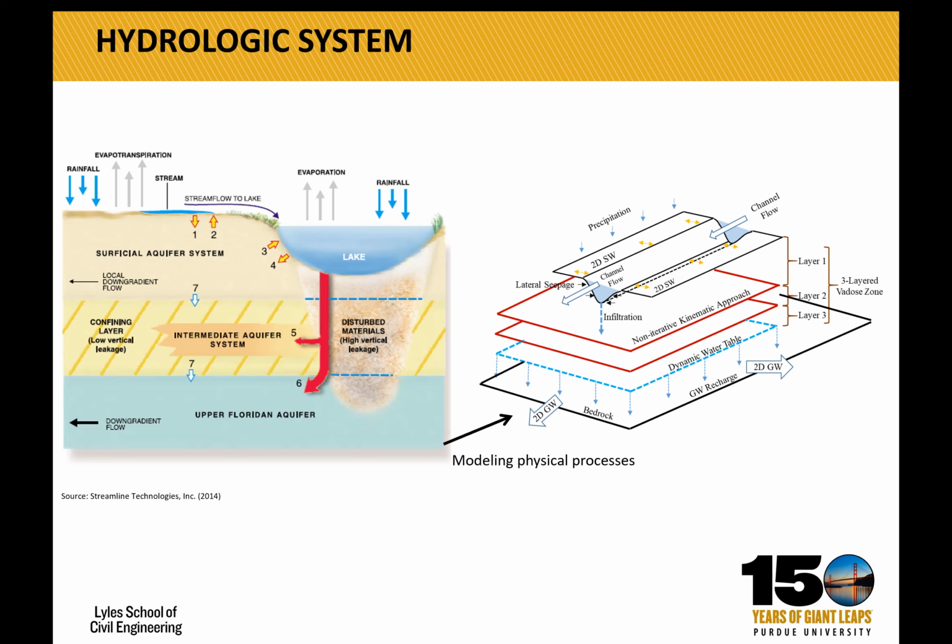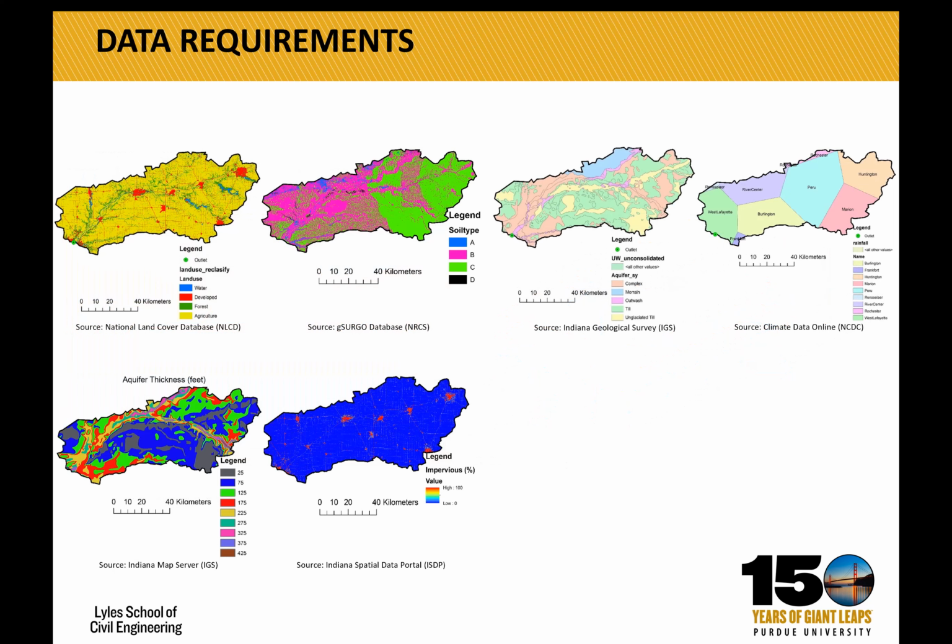So depending on our problem and what we are trying to do, we may end up using a simple model or a complicated model. So to simulate hydrologic processes, we have access to different data sources. So on this slide, you see land use data, topography data, soil data, groundwater data, impervious cover, and on top of that, we have access to precipitation, temperature, and all these data sets.